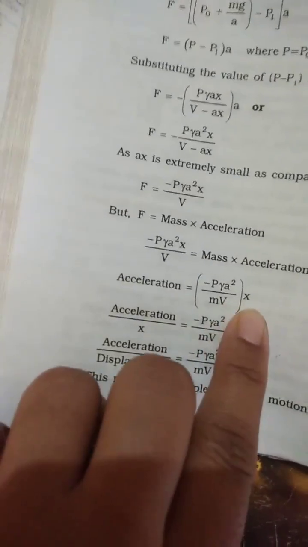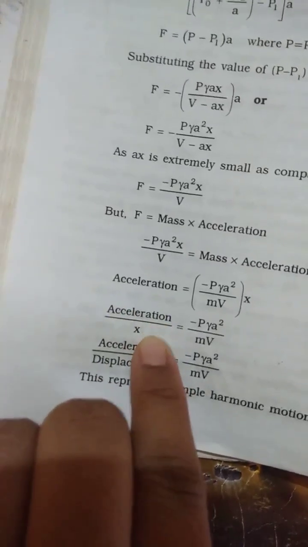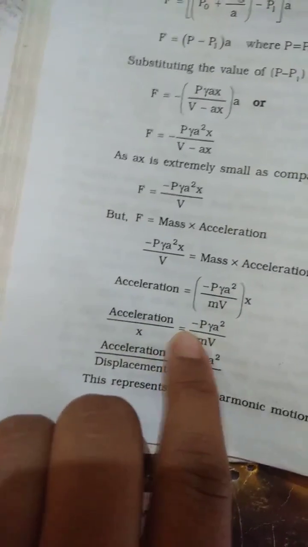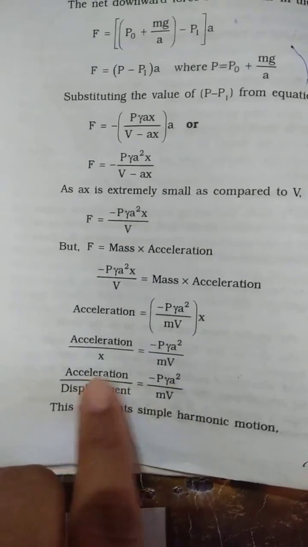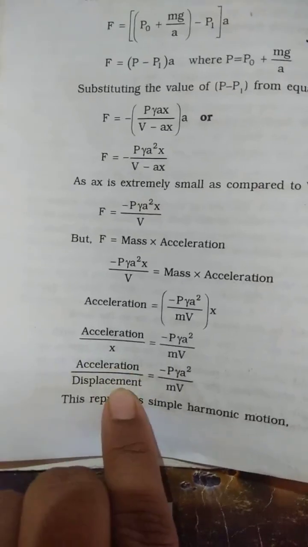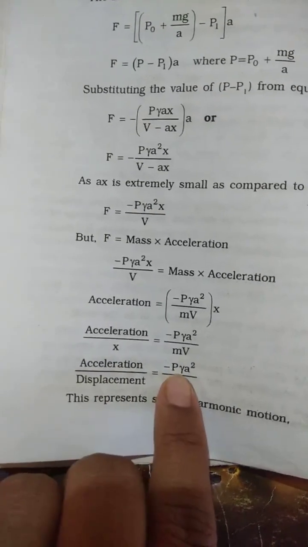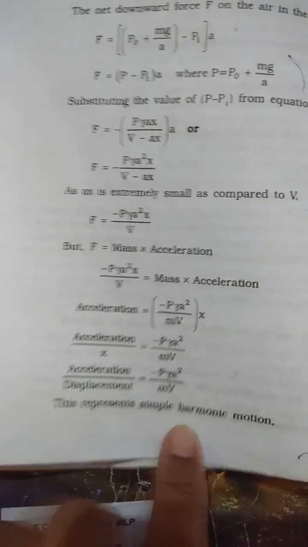So I am going to take this x as the denominator of this acceleration, that is acceleration divided by x is equal to minus P gamma A square divided by mV. Then we will get this x is nothing but displacement. Acceleration divided by displacement equal to minus P gamma A square divided by mV. This represents the simple harmonic motion.